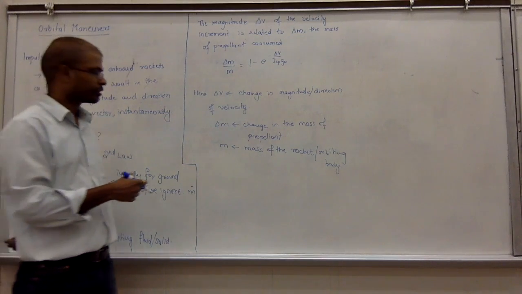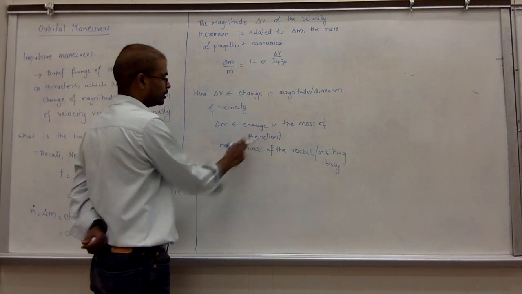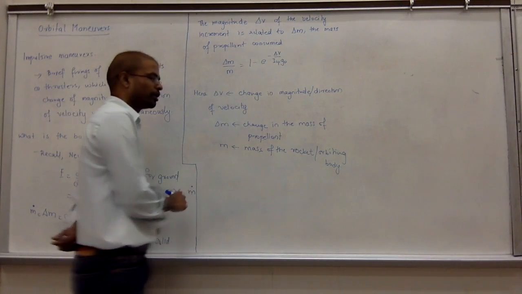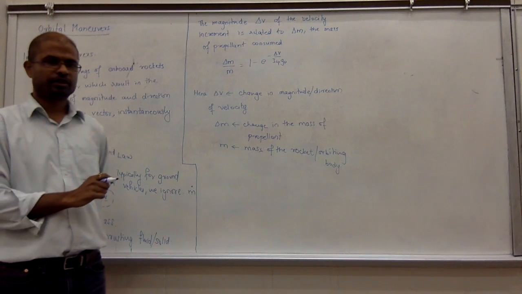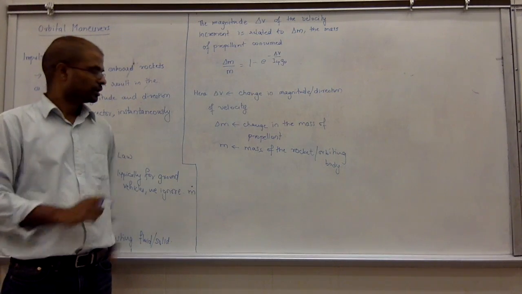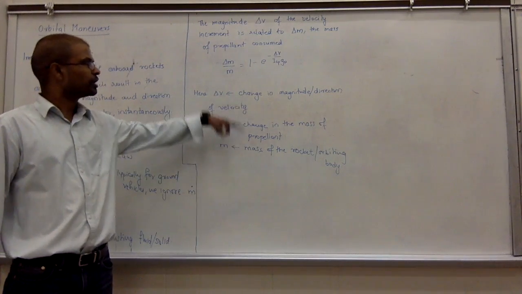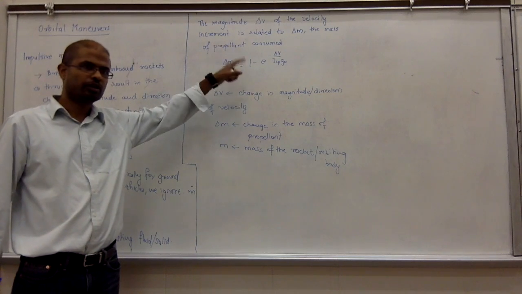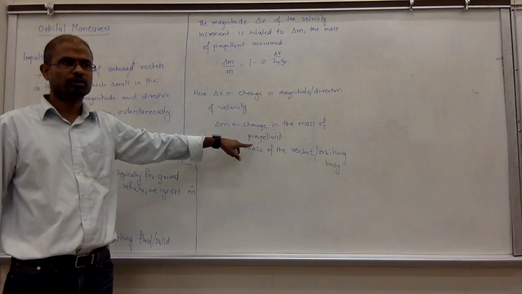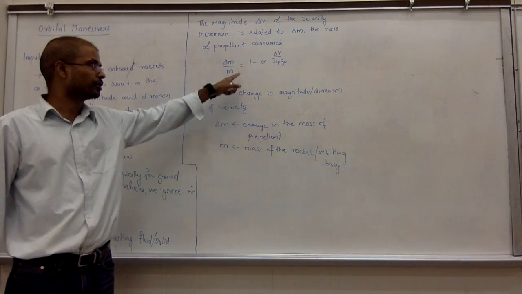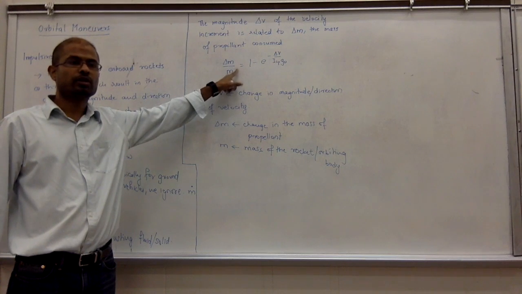Okay, so this propellant will be there in a rocket, and there will be small thrusters in your satellite. Principle is the same, whether you talk about rockets or satellites.